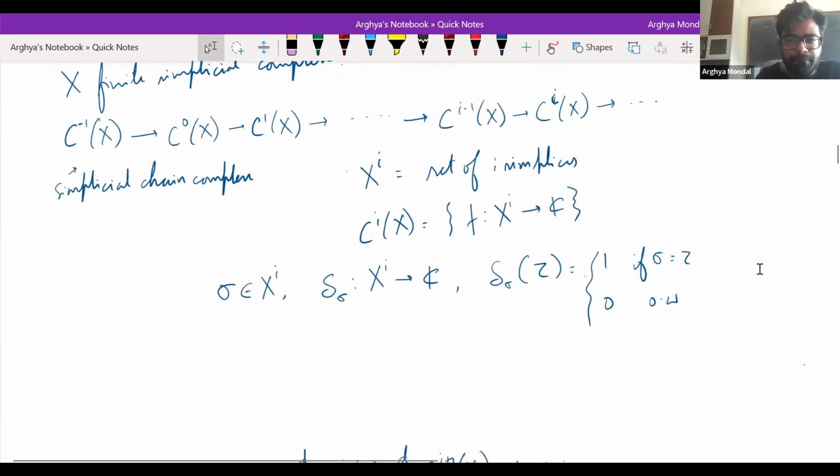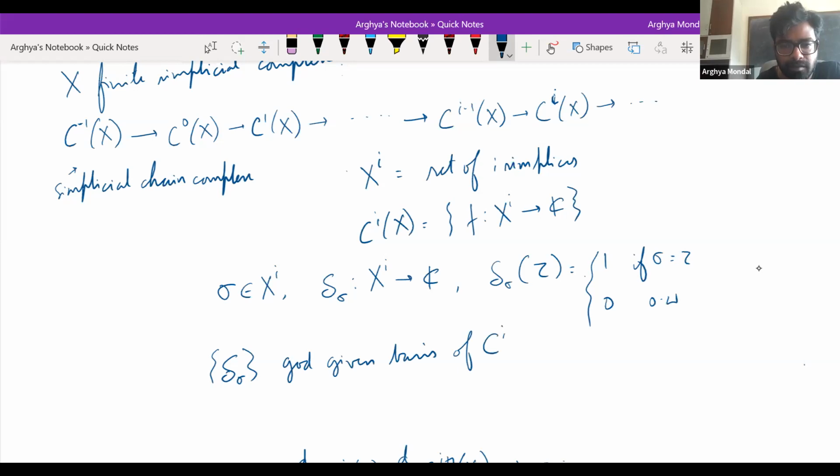Right. So the reason I gave this example is because these delta sigma, they are a God-given basis of the cochain groups, vector spaces.